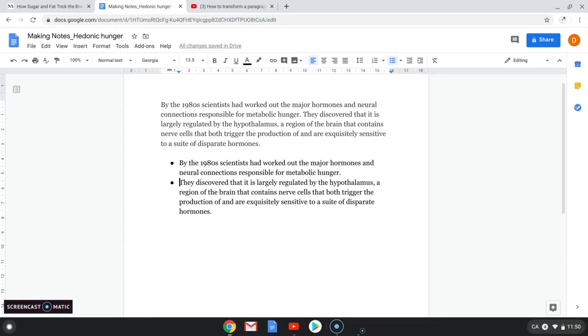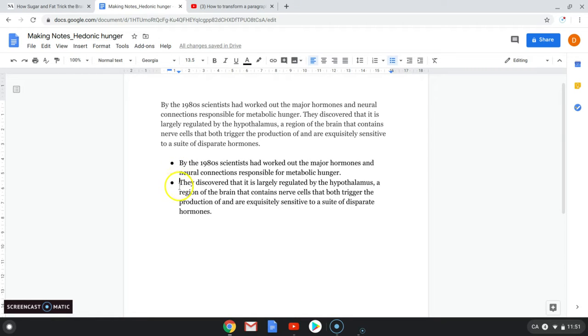First sentence says, by the 1980s, scientists had worked out the major hormones and neural connections responsible for metabolic hunger. Got to process that a little bit in our brains. Basically, scientists figure out what causes metabolic hunger, the hormones and neural connections that are involved.